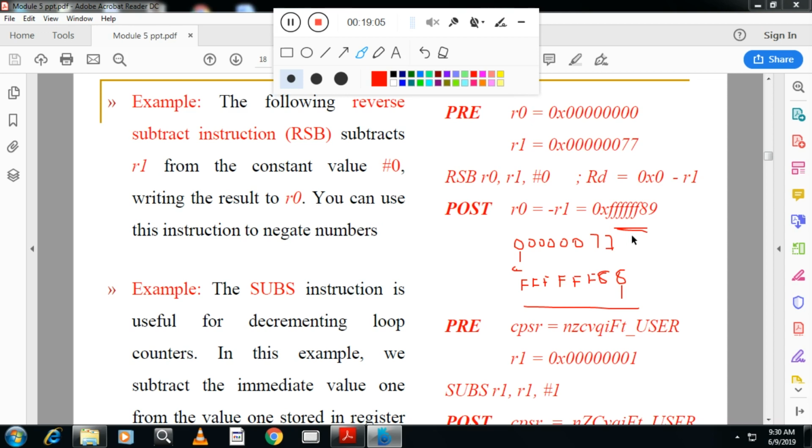I will not go in detail; you know how to represent minus R1 in 2's complement. Use your calculator, or you can do it manually. Better you do it manually, you will understand better. So this is a 2's complement.